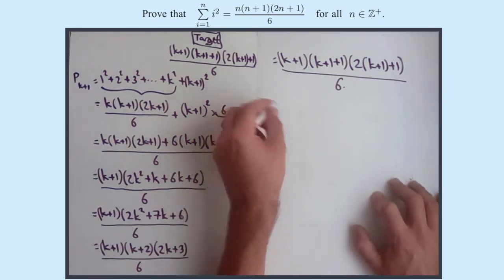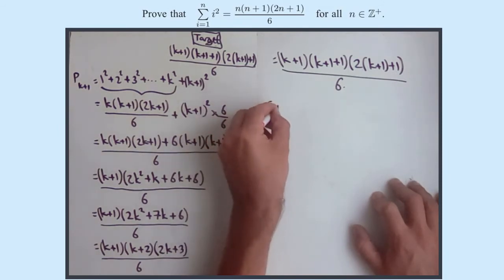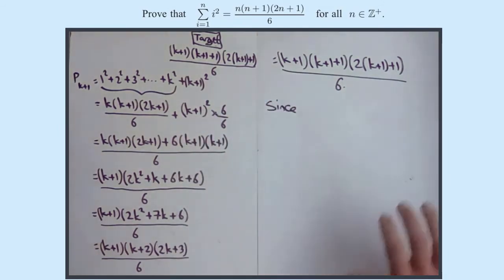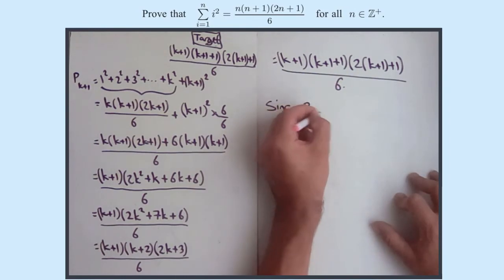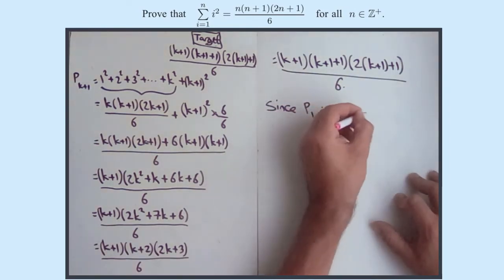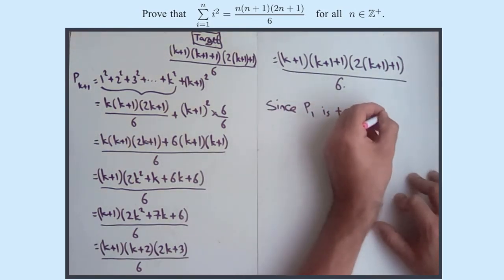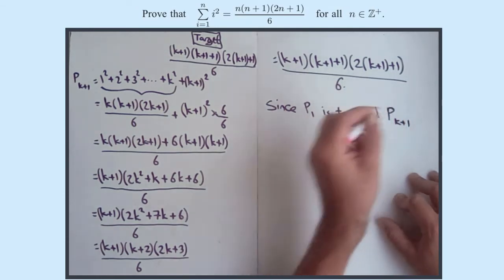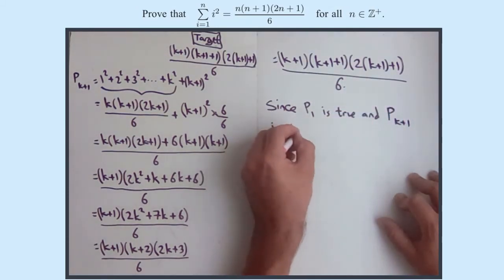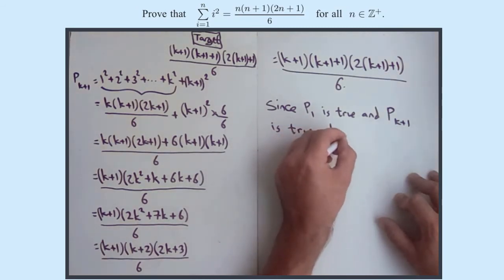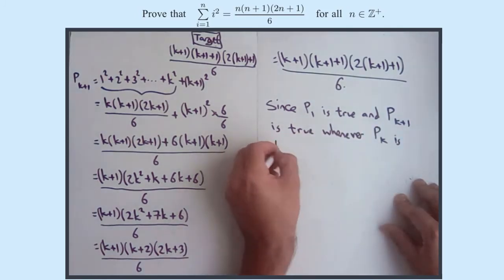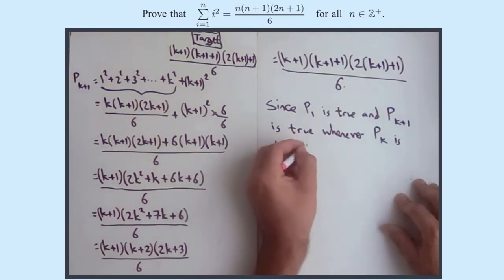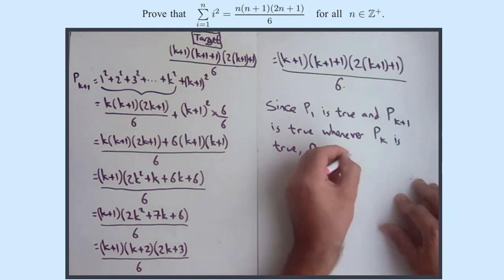So now we finish it off. Remember what we started on, we said n equals 1 was the base case. So since P1 is true and P(k+1) is true whenever Pk is true, since that's all true, Pn is true.